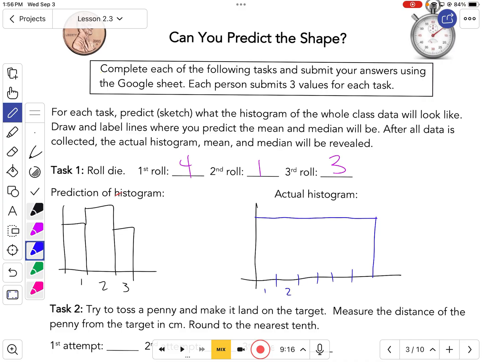So 1s, 2s, 3s, 4s, 5s, and 6s. So when I have a large amount of data, okay, I have only 6 things I can get. If I continue to roll over and over and over again, we're going to eventually end up with an equal amount of each number, okay?